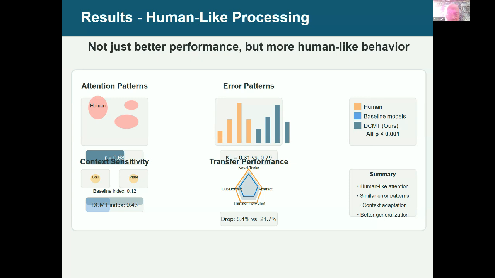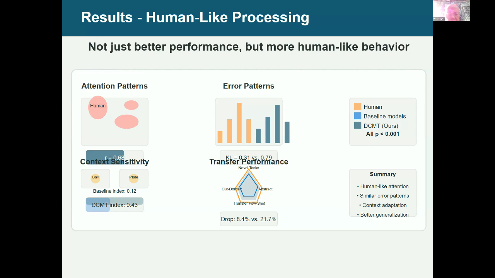The correlation with human attention was 0.68 for our model, whereas it was 0.41 for baseline approaches.